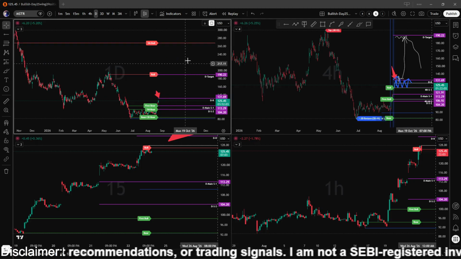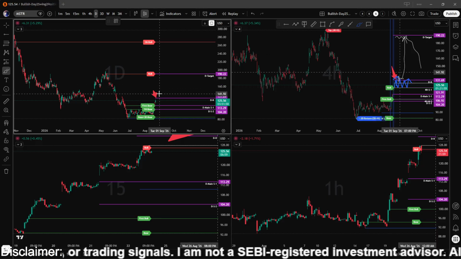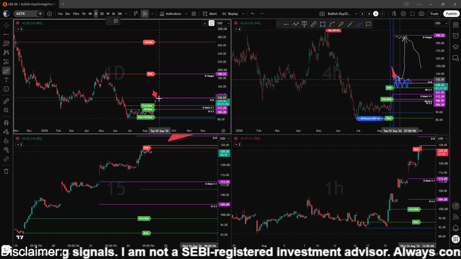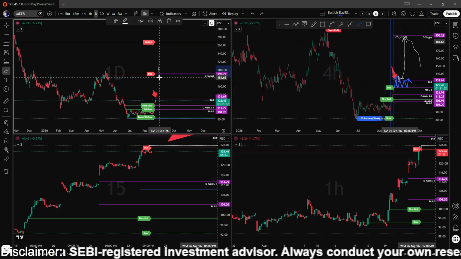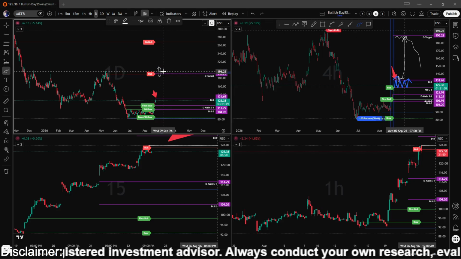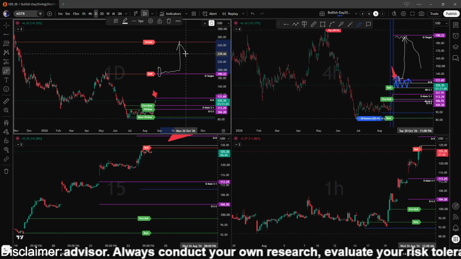That is the most likely case, unless the price continues to the upside for this level, and on a daily level price closes above this level and keeps on trading above it, then price may go for this one also.